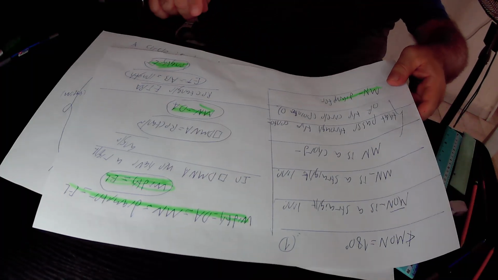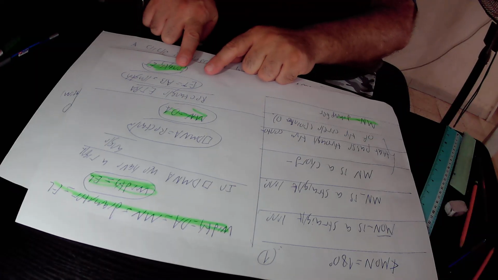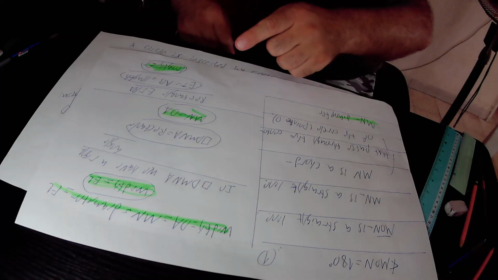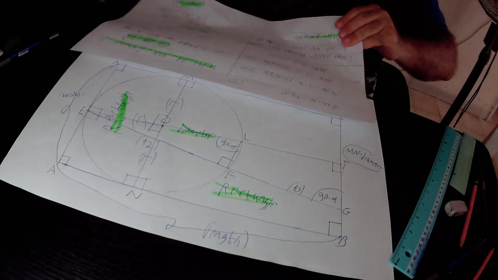So we can write here that AB is the length, and from this equation ET equals AB equals the length, we derive that ET is also the length of rectangle ABCD. So in total, we found out that EL is the width of rectangle ABCD and ET is the length. Okay.